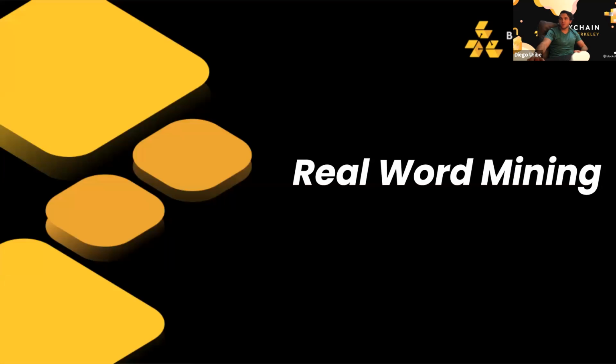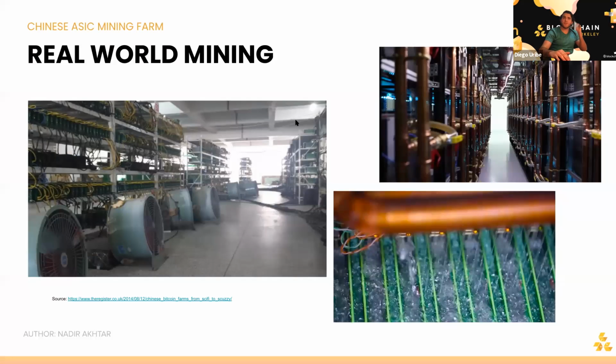So let's get into real world mining. How does an ASIC look? Well, before that, this is an ASIC mining farm. As you can see, these are racks of ASICs in the left image. It's actually a Chinese ASIC mining farm. And then you can see these huge fans that are just trying to get all the heat out of the warehouse. On the right, we see two cooling systems.